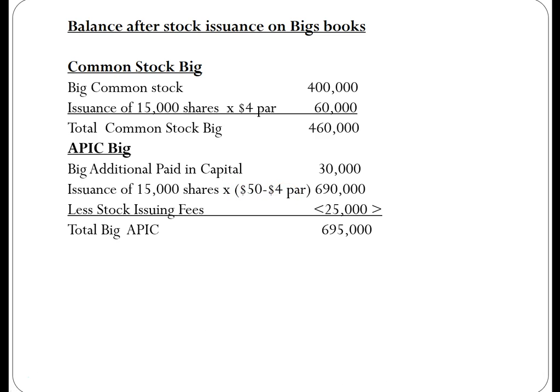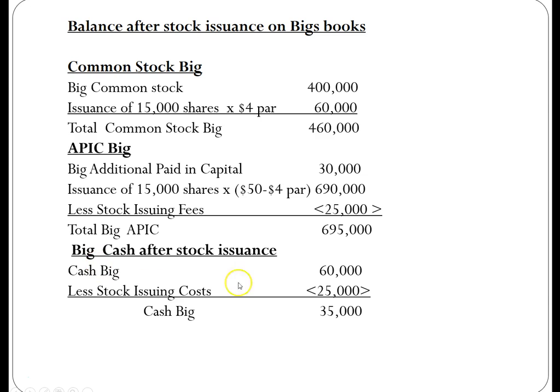But remember, we also have to subtract the stock issuing fees, which are a reduction in additional paid-in capital, and that gives us $695. And then the cash. They had 60. They issued stock of 25, so now cash has a value of 35,000.